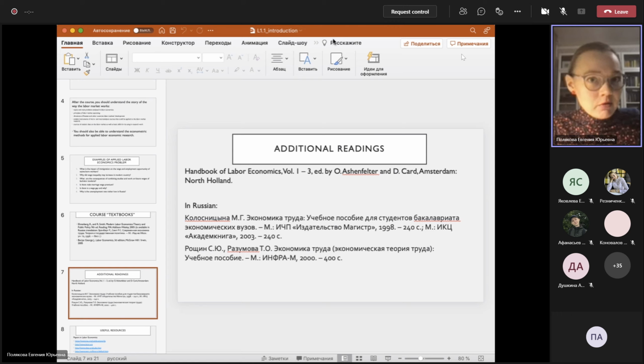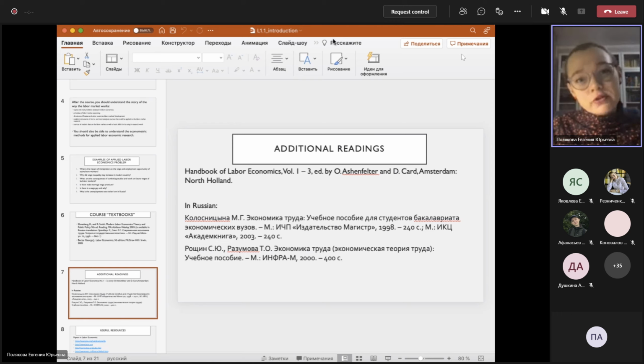You can see the name of it. Basically, it has the same basic information as the English language book, so if you want, you can stick with the Russian version. It's the same basic theory. Maybe it has other topics that English textbooks do not cover, for instance, labor unions in Russia. But the main content is the same.